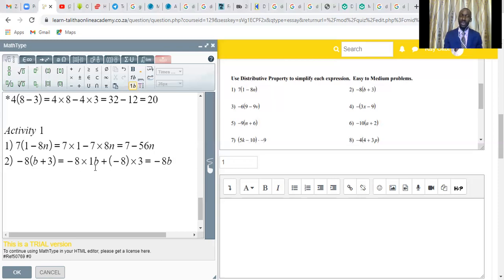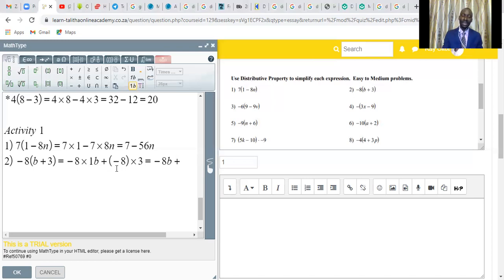This b, we are keeping it, we are holding on to it because it was there right from the start. Okay, now the next thing we want to deal with is, what do we get when we multiply this by that? It's important that we multiply this quantity by that, that is plus times minus.